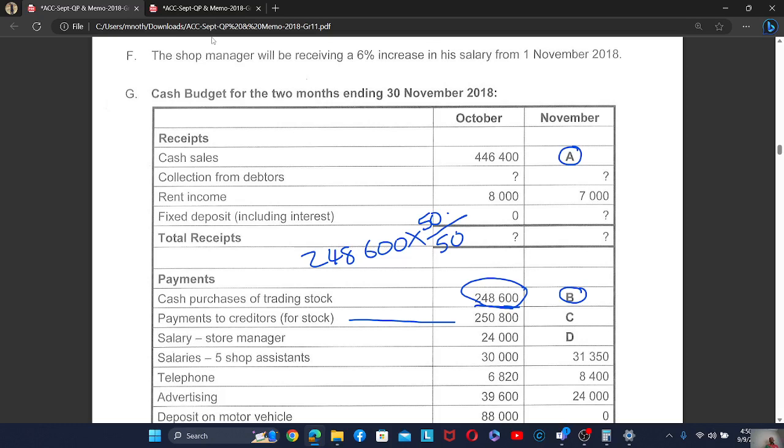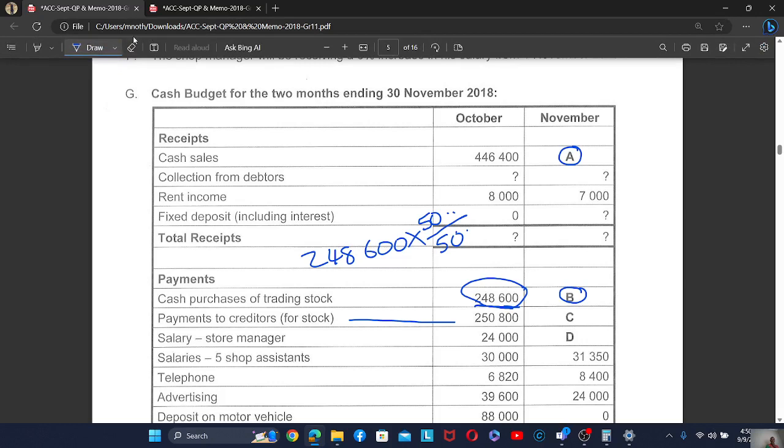So from there, you will find the credit purchases of October. I got the same answer. It's the same answer because it's just 50 over 50, which is 1.